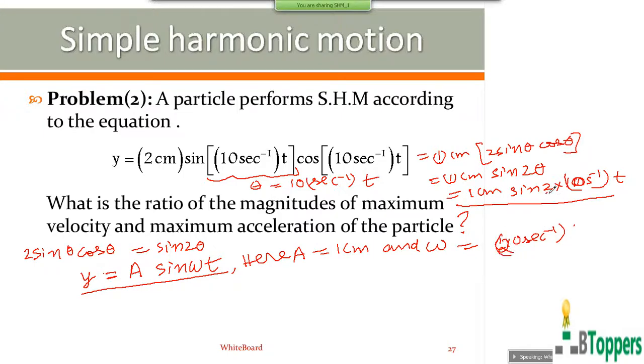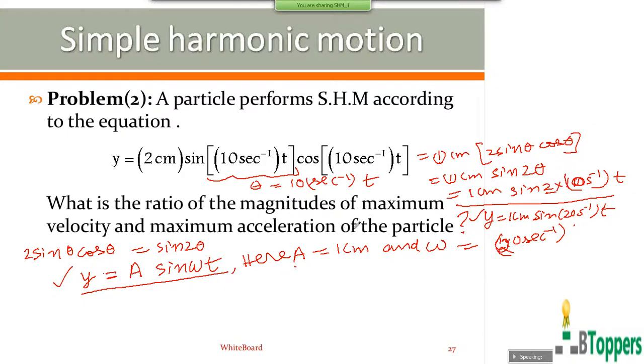So angular frequency omega equal to 20 here. So the given equation can be written as 1 centimeter into sine 20 second inverse into t. Now you compare this equation with this equation. So you get displacement amplitude is 1 centimeter. The angular frequency of oscillation is 20 second inverse.